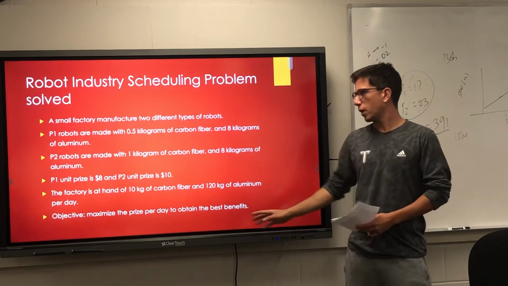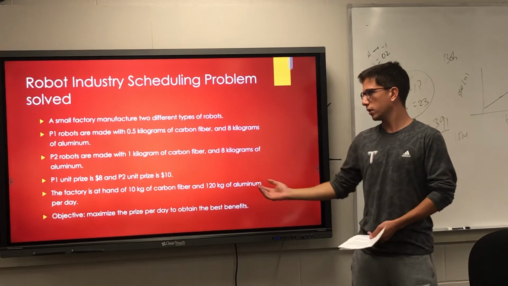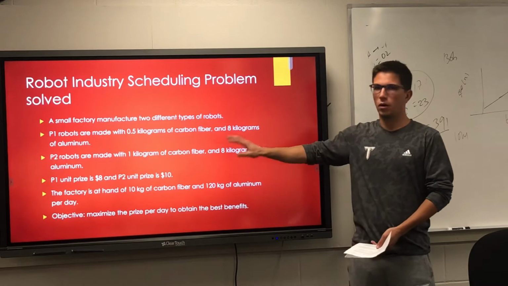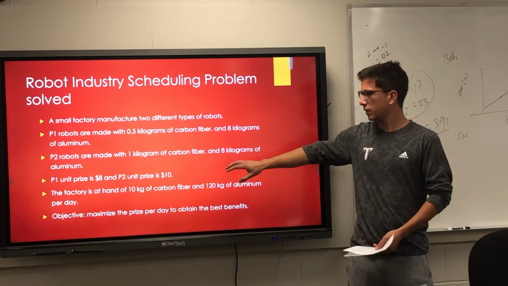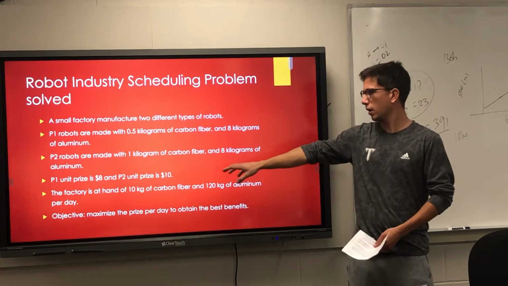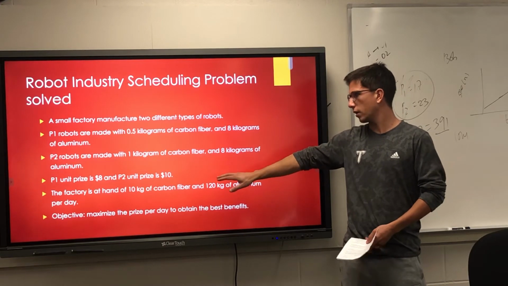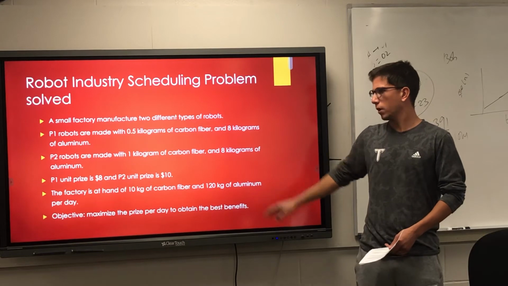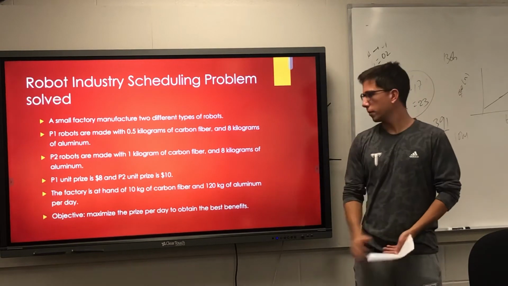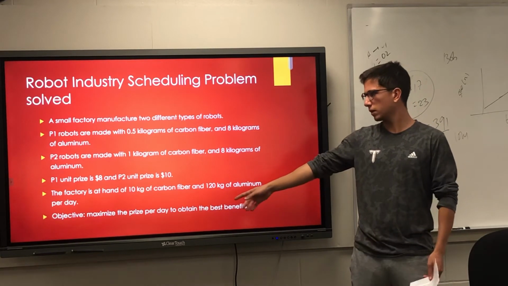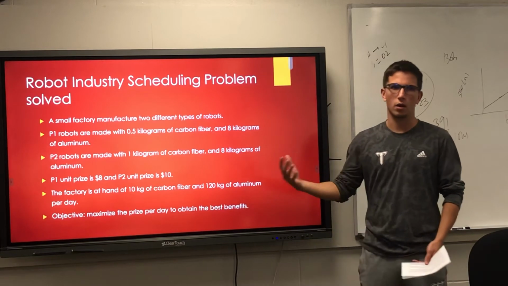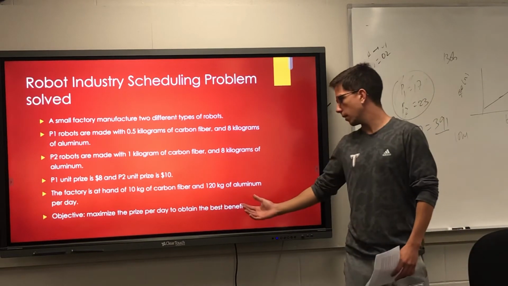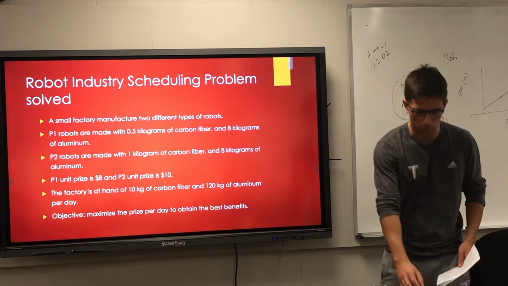The P1 unit price is $8 and P2 is $10. The total material this factory can handle per day is 10 kilograms of carbon fiber and 120 of aluminum. Our goal is to maximize the price so we can obtain the best benefits for the factory.